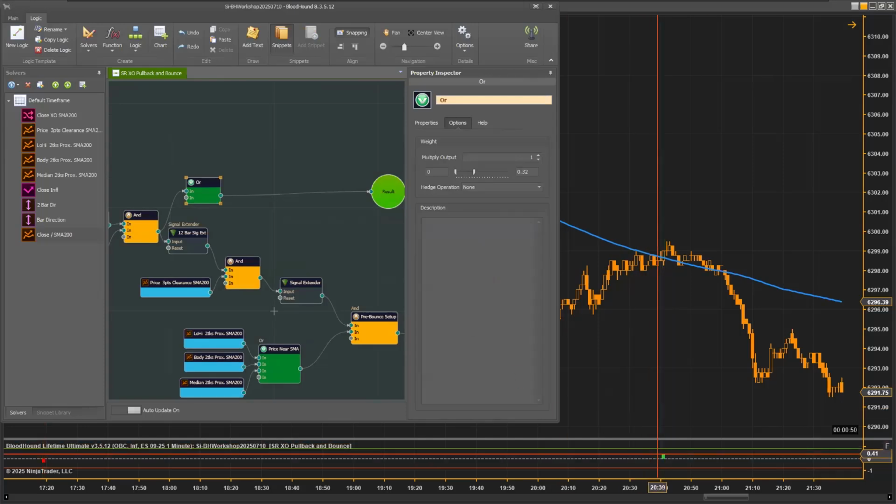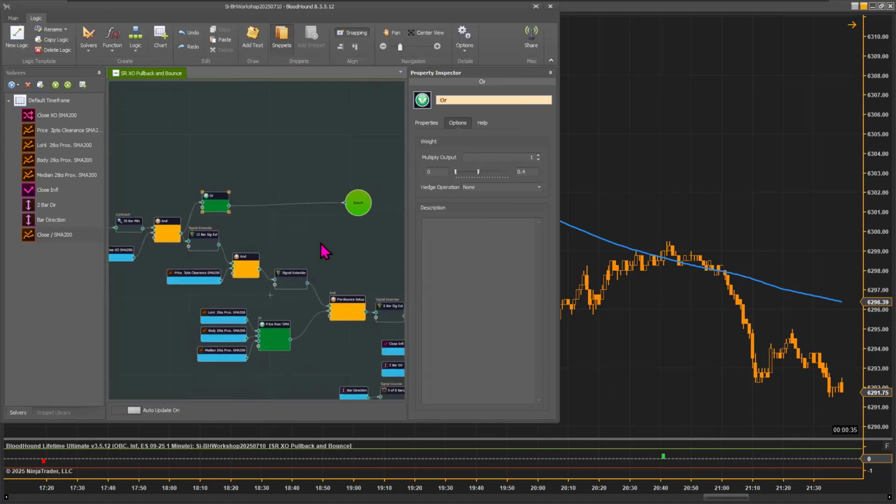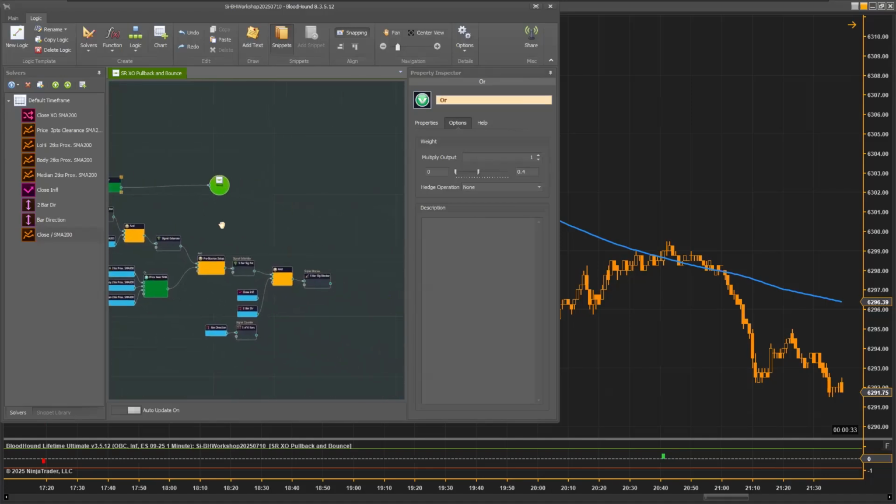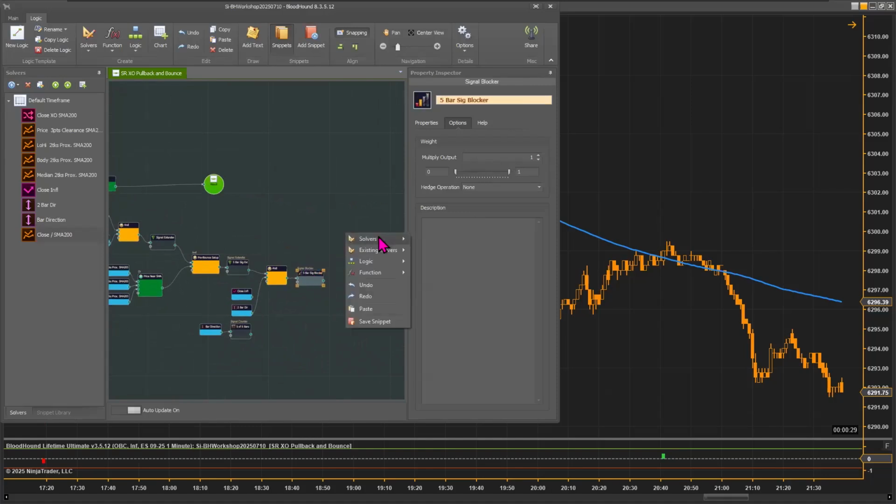If we look at the chart, there we go. I have that little green tiny output, a little red tiny output there. Actually, I'm going to set it to 0.4 to make it a little easier to see. And then I need another OR node.